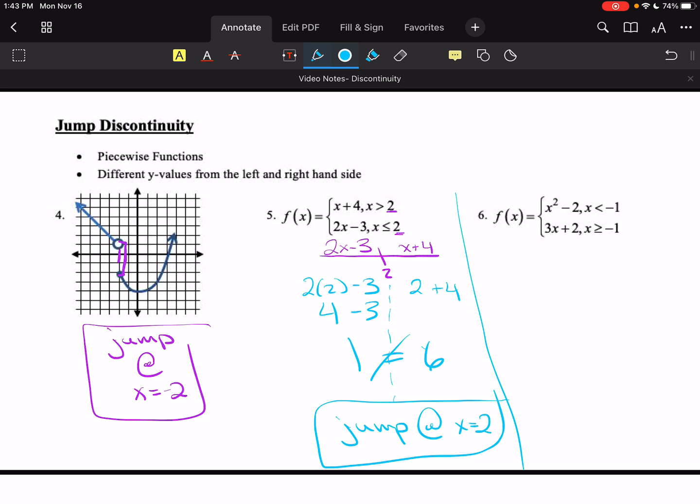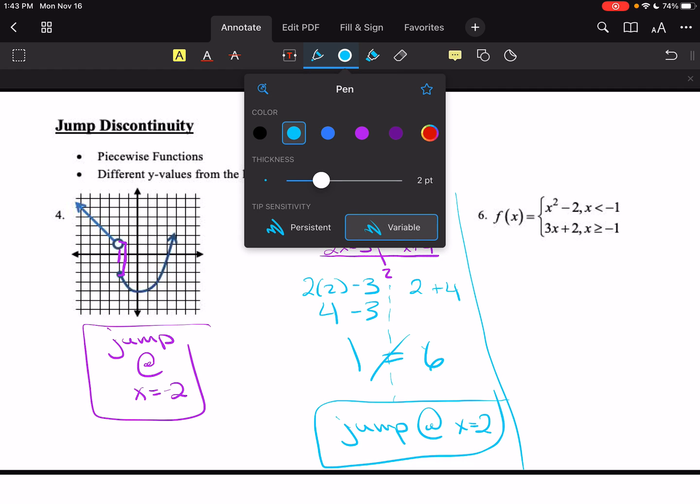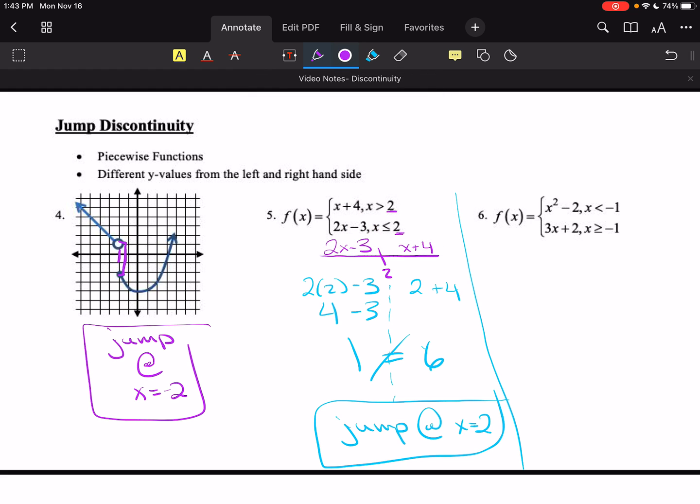Now let's look at what happens when they are the same. So, -1, top equation, x is less than -1, so that's the left side. So x squared minus 2 is over here. X is greater than or equal to -1, right side, so 3x plus 2. Now let's plug in -1 and see what we get. It would be 1 minus 2, which gives me -1. -3 plus 2 gives me -1.